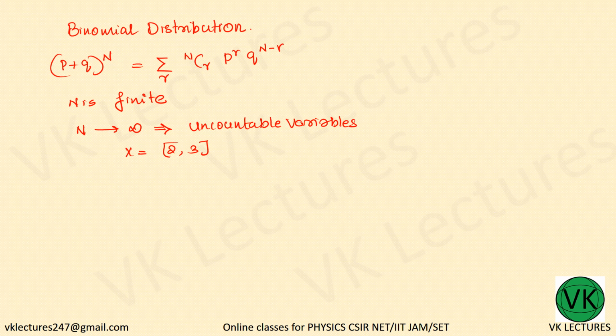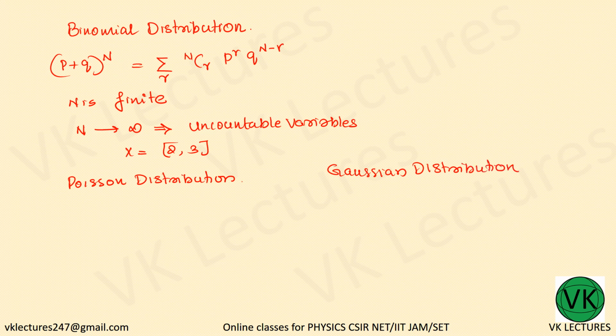Now when n tends to infinity, there are two cases: the Poisson distribution and the Gaussian distribution. So this is where we distinguish the distributions.